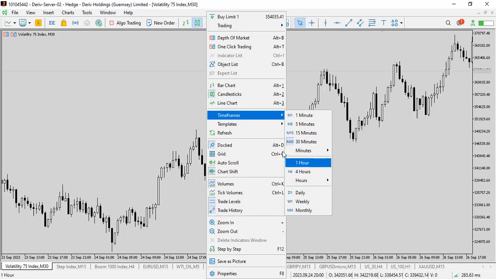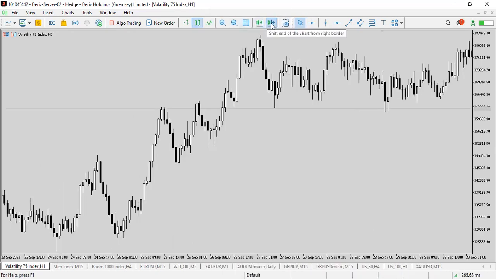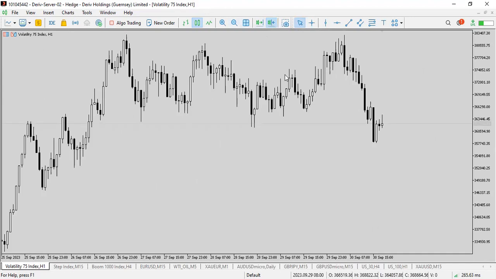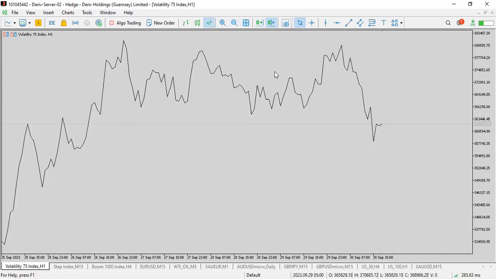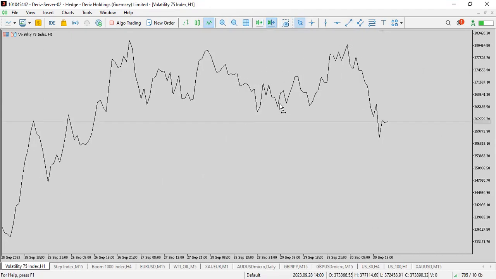Let's go to 1 hour. So we're still looking for divergence to see if we get one. It's not the divergence.